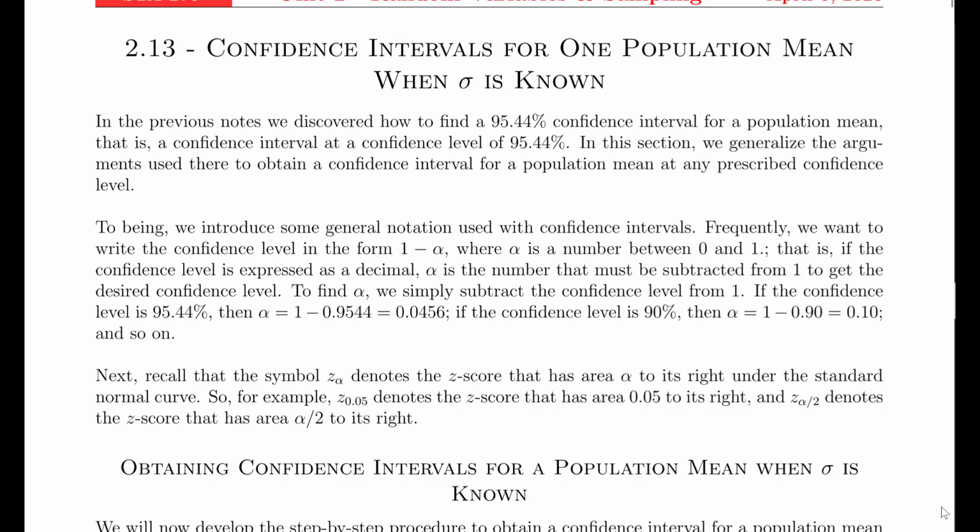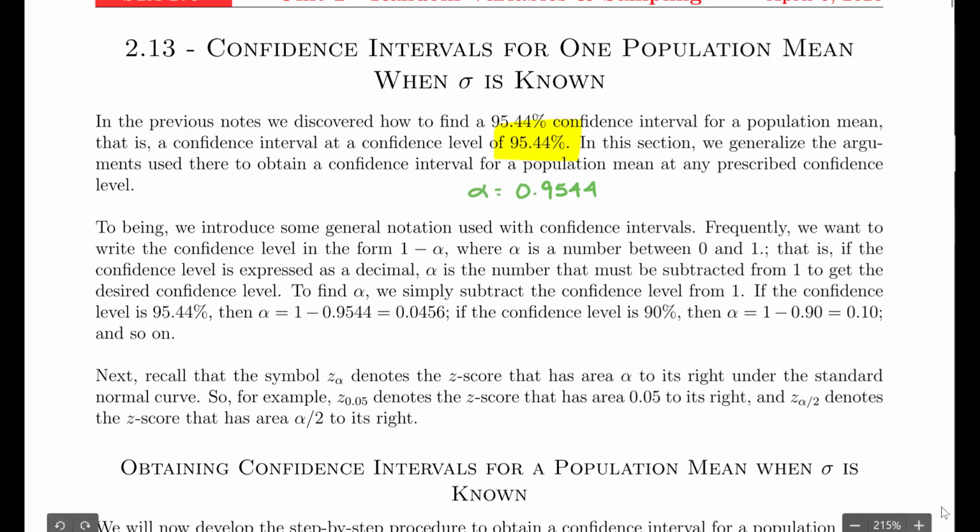When we're computing that, one of the things we want to know is the confidence level has to be first expressed as a decimal. So 95.44%, you can see that right here, we would express that as 0.9544. And that gives us our value for alpha.